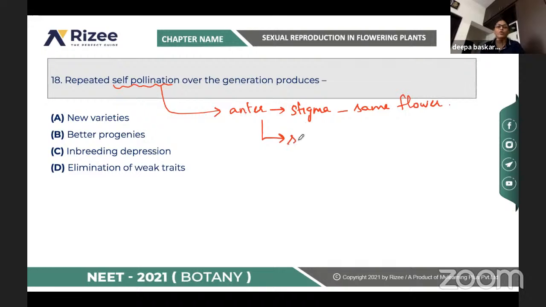Automatically the same quality will be produced, or else quality lesser than the parental will be obtained after many generations. So this is called inbreeding depression. Same quality or decreased quality is called inbreeding depression.